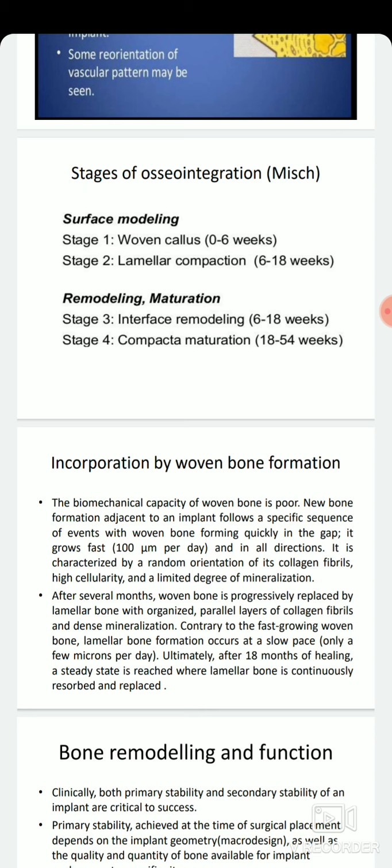The remodeling and maturation phase again divides into two phases, stage 3 and stage 4. Stage 2 and stage 3 have an overlap between 6 to 18 weeks, and stage 3 is interface remodeling. Stage 4 he names the compact maturation phase, which lasts from 18 to 54 weeks.